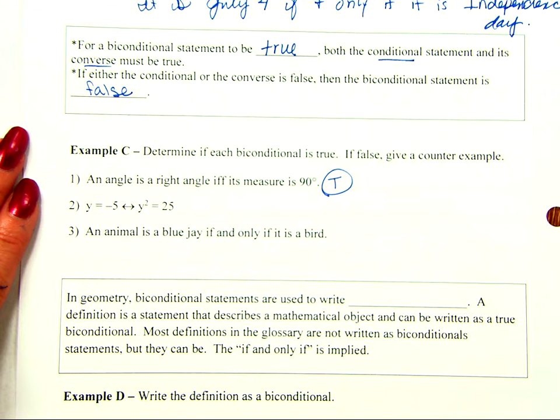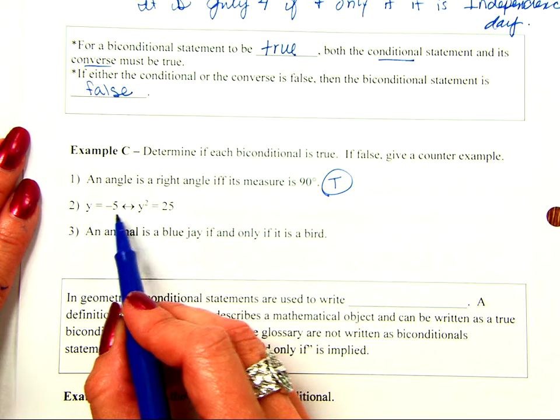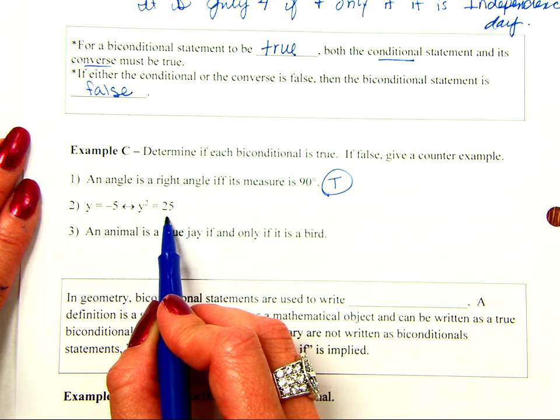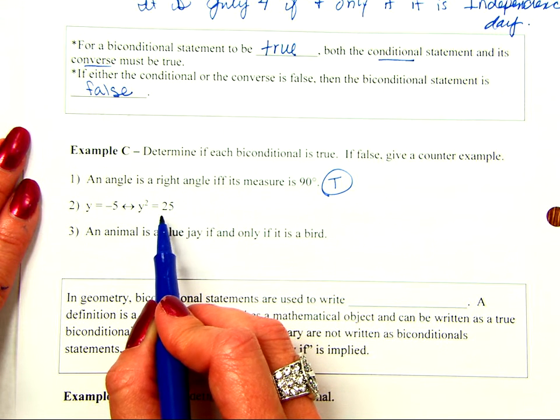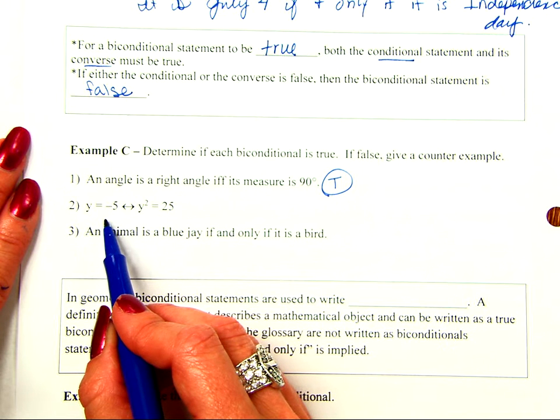Number 2: y equals negative 5 if and only if y squared is 25. So I'm going to check it both ways. If y equals negative 5, then y squared is 25. Agreed. If y squared is 25, then y is negative 5.